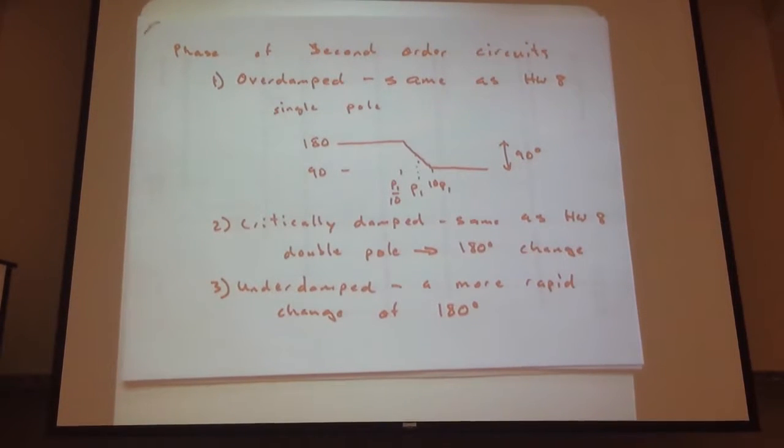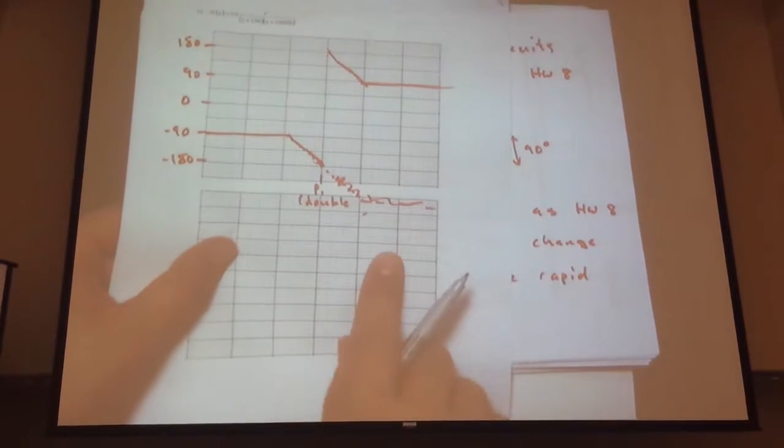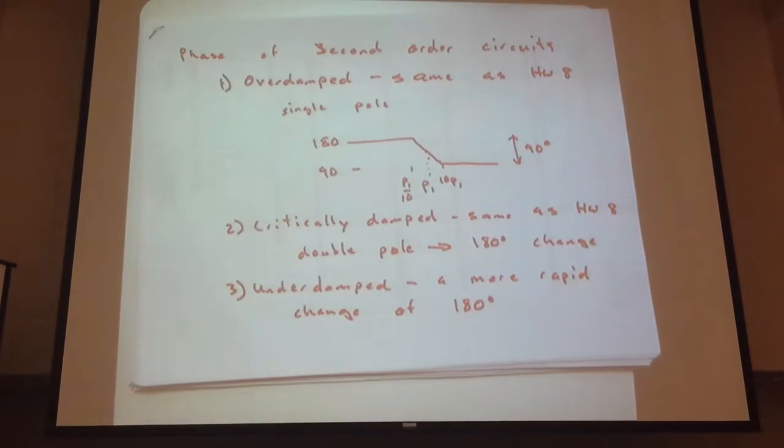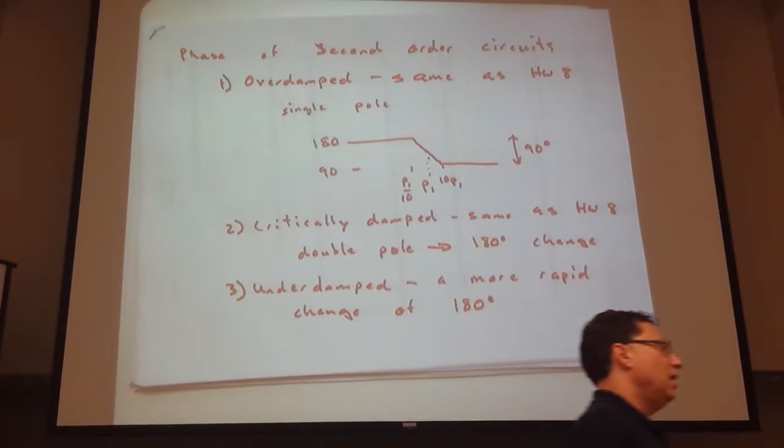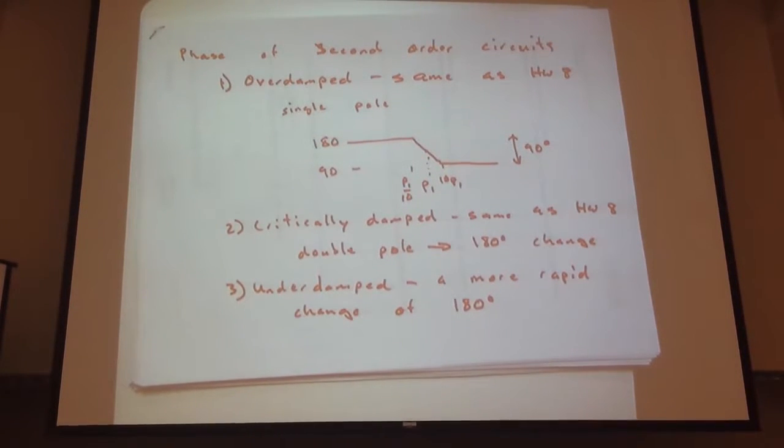We would still have a change of 180 degrees downward. So it's not a real pole, yes, but it's still a double pole with a resonant frequency of some value, omega naught. If it's a double pole and we cross it, what happens? Our phase changes by 180 degrees.